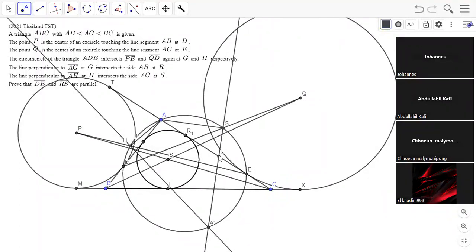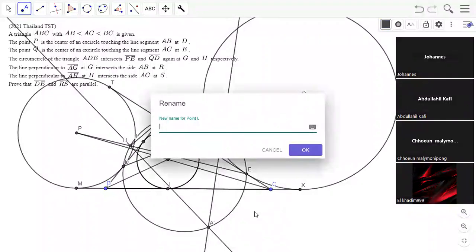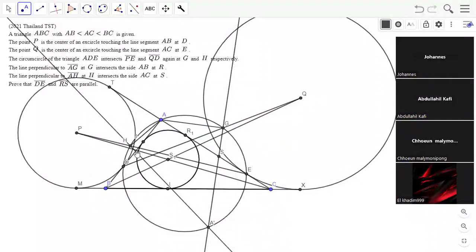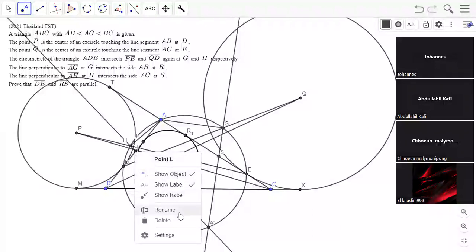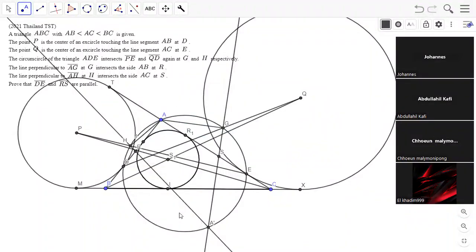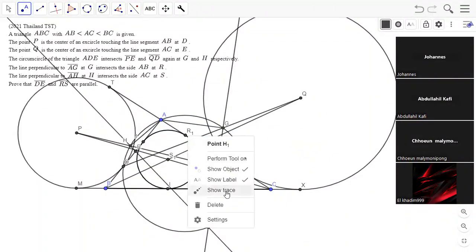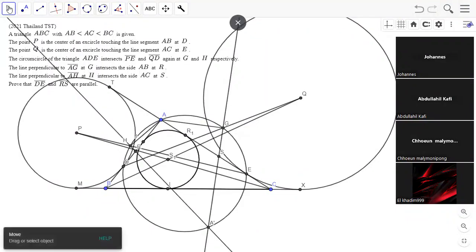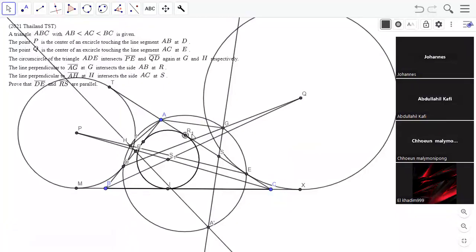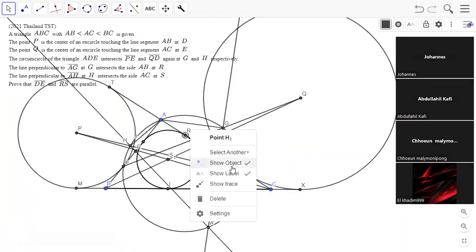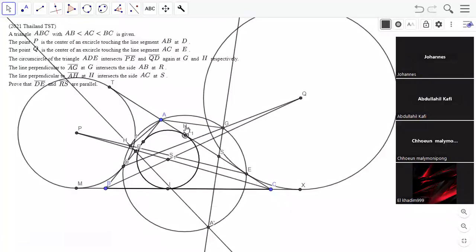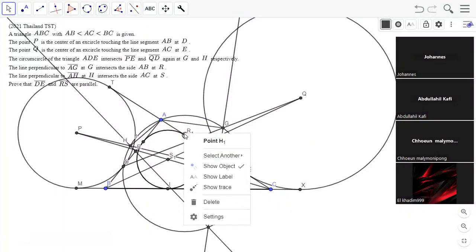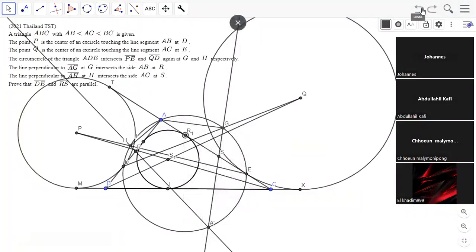Because this would be S and this would be R. I gotta hide R1 so I can see the other one. I don't know why it does that. Let me hide R1.